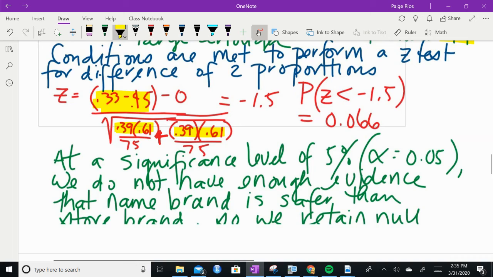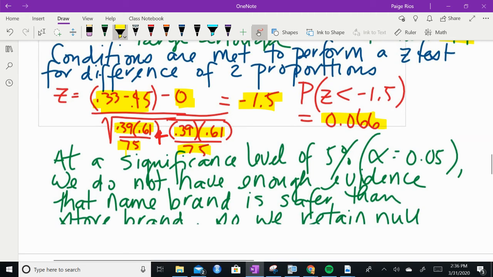And then the sample sizes were the same. So both of those are 75. This 0 right here, that's my null hypothesis, my known difference. So there's no difference there. And I end up with a negative 1.5 z-score, which we know is not unusual.